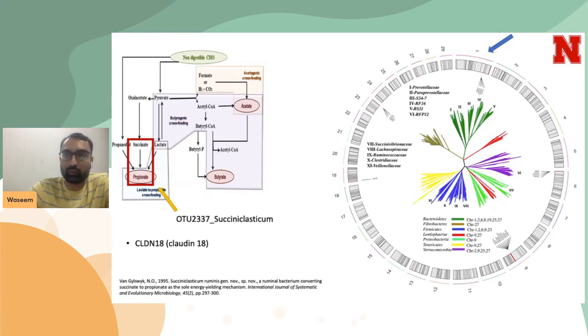We hypothesize that it's possible that the host is selecting for different microbes that help them produce more VFAs, and there are some genes in the same regions. These claudin 18 proteins are part of the junction proteins in epithelial cells that play a role in controlling the movement of solutes and water across those barriers.